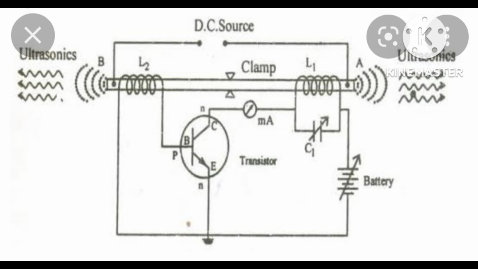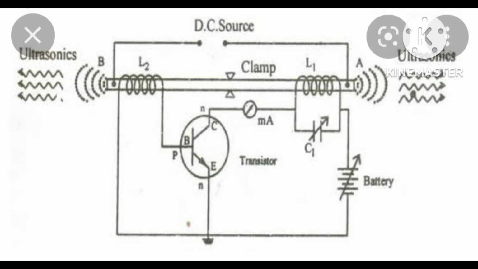See the diagram. There is a short nickel rod AB clamped at its center. The rod is permanently magnetized in the beginning by passing direct current through the coil wrapped around it. There are two other coils, L1 and L2, wrapped around the rod as shown in this figure.